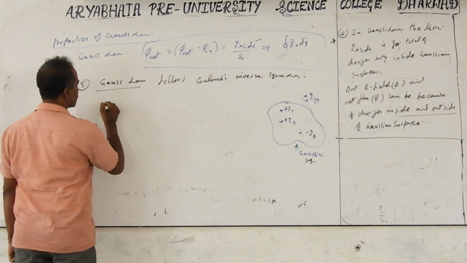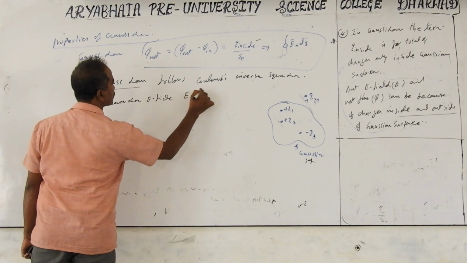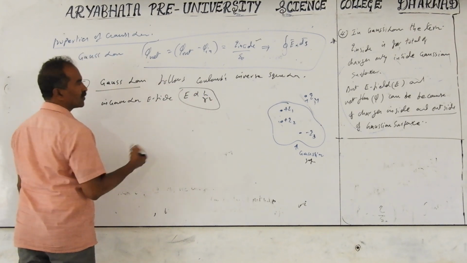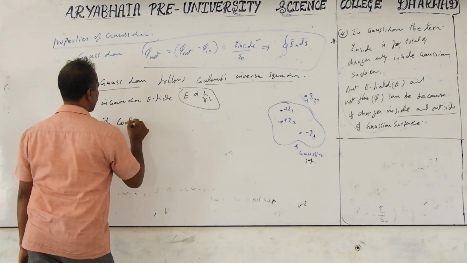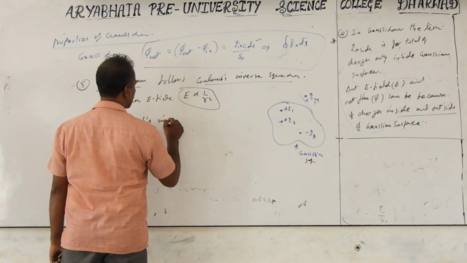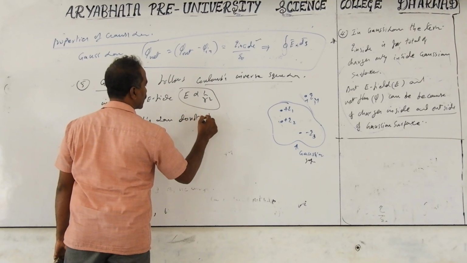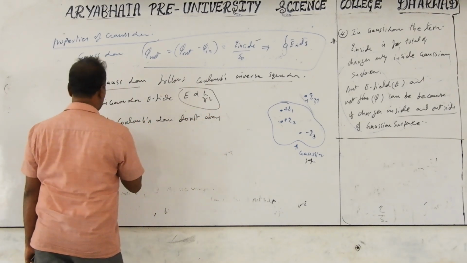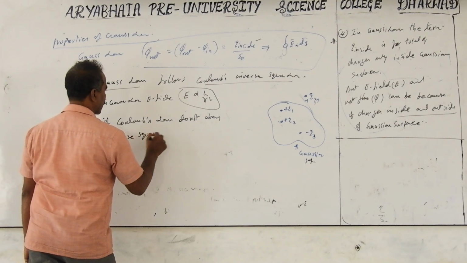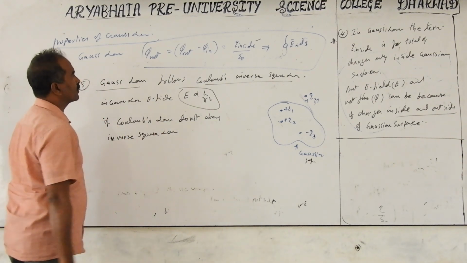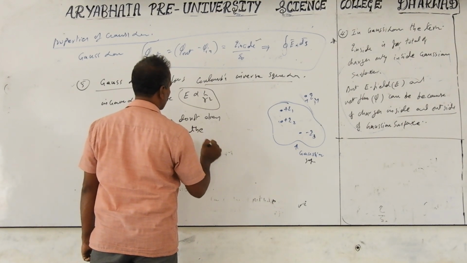In Gauss law, electric field is inversely proportional to R square, and Coulomb's law also is inversely proportional to R square. If Coulomb's law will not obey the inverse square law, then Gauss law also will not be obeyed, will not follow.